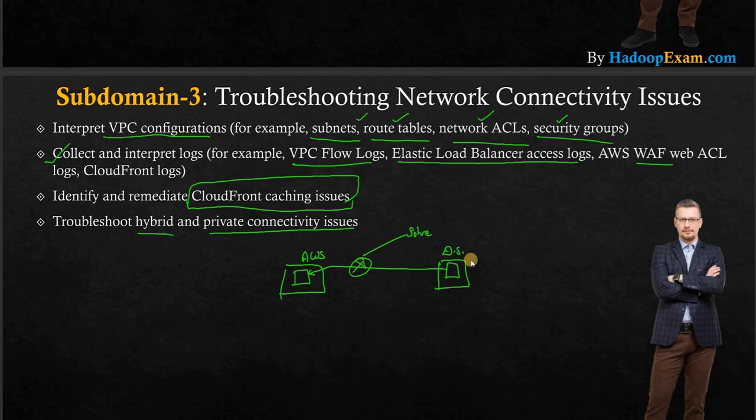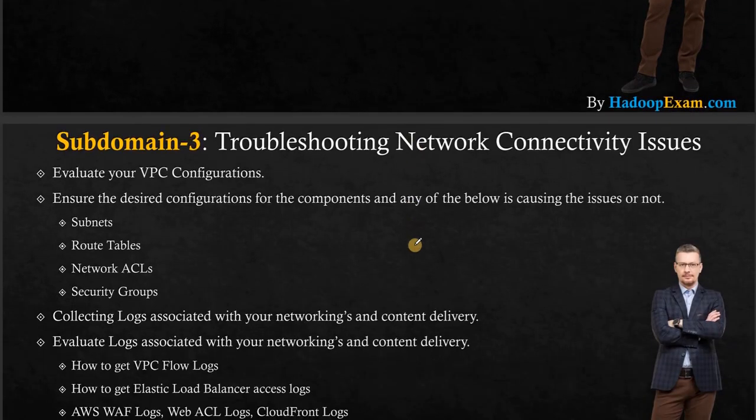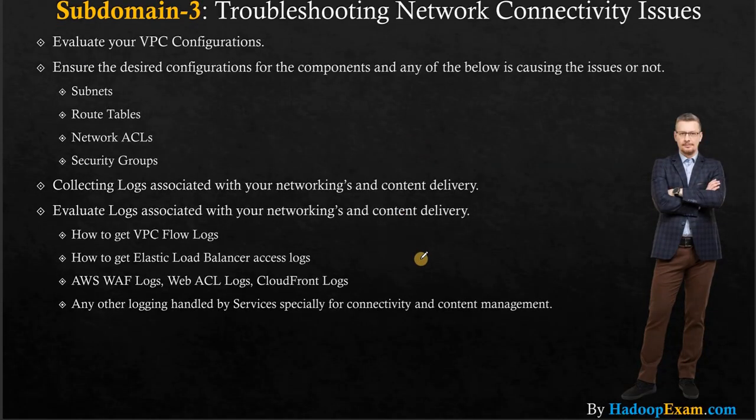What is exactly the issue in this network connectivity, correct? So that is very important, you understand that. Now, yeah, so this is the detail of the things which we discuss about: subnets, route tables, network ACL, security groups. Make yourself comfortable with all the services or tools mentioned here, correct?